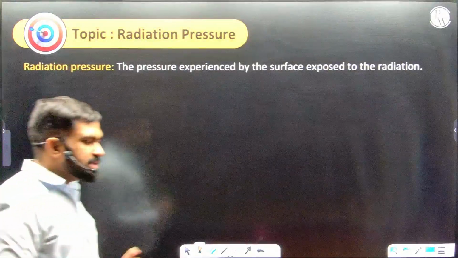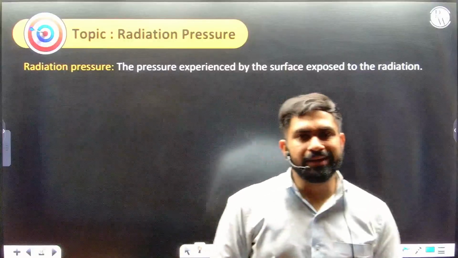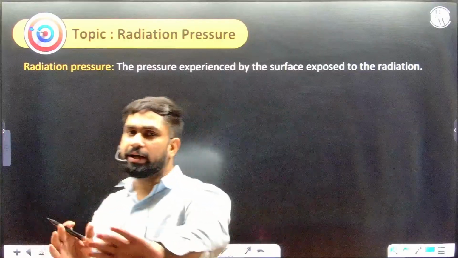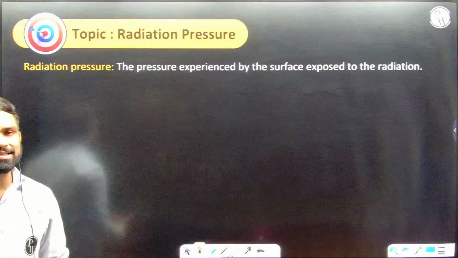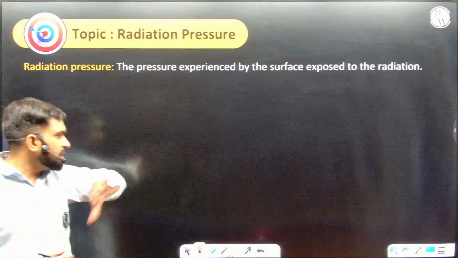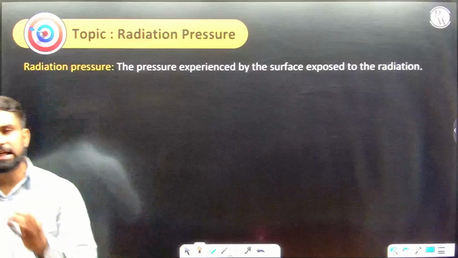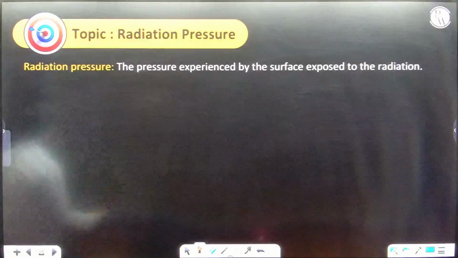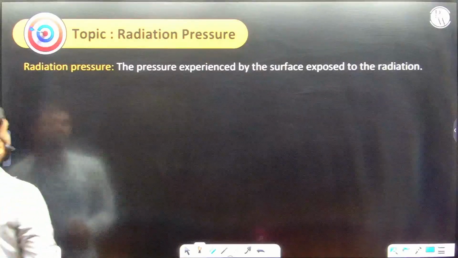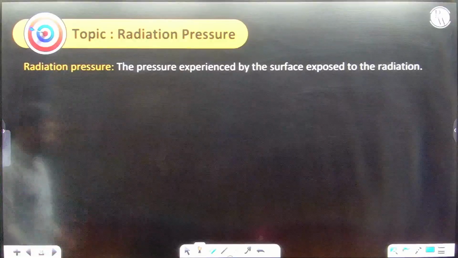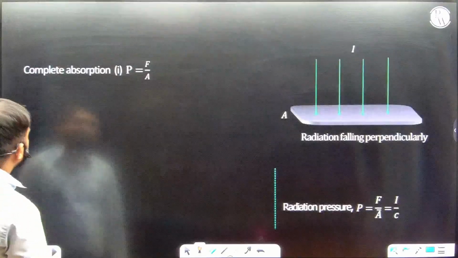Radiation pressure is basically the pressure exerted by the incoming radiation on the target metal surface. Because if something is continuously striking a surface, it is exerting force. Average force per unit area will result in the pressure, radiation pressure. Okay.